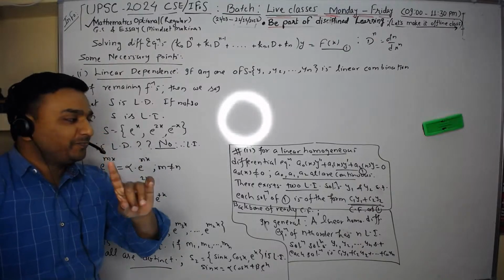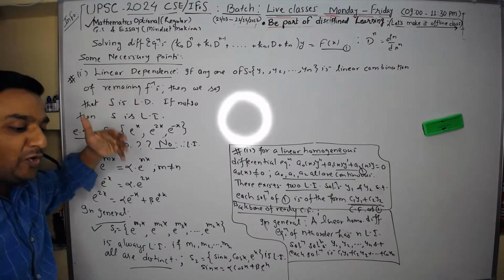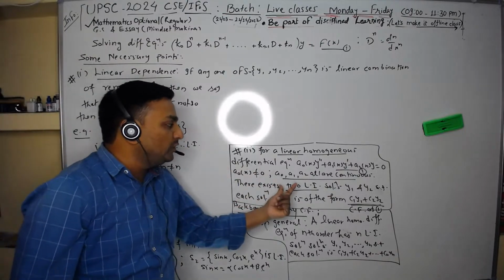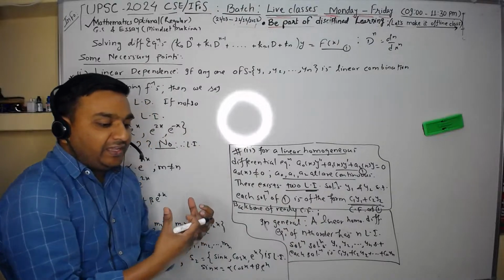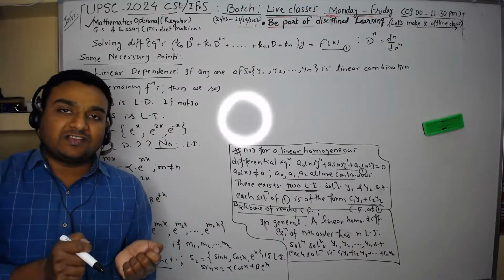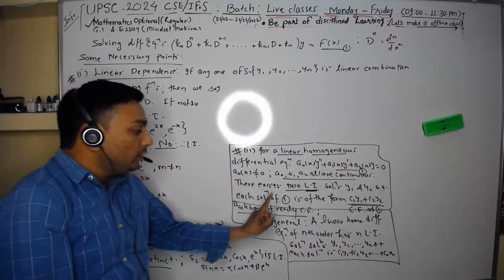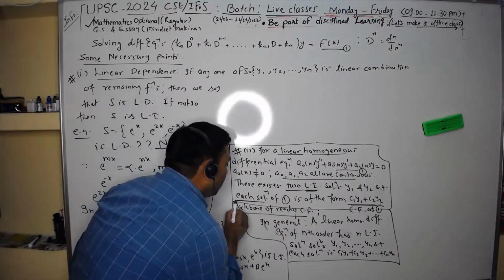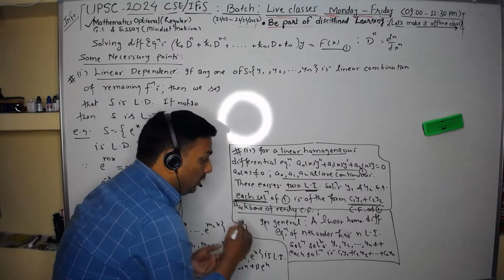Understand this carefully. Why did I tell you about linear dependence here? Because I will have to use the LI word here, so I must be aware of what linear dependence and linear independence are. What I told you here, underline this word, highlight this word: each solution.